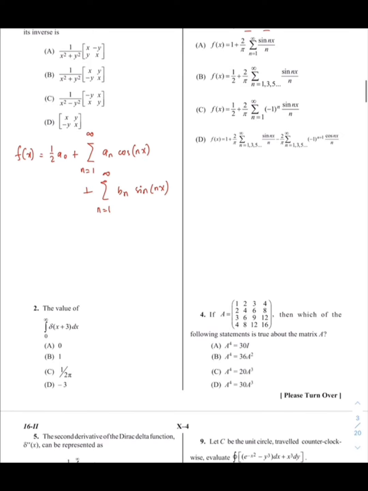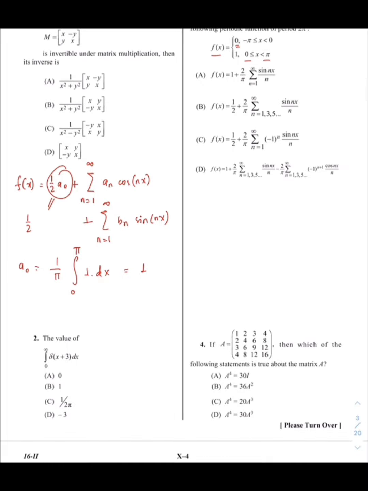So let's find a naught first. A naught is given by 1 by pi integral over 0 to pi. The function is 1 and dx, so it is equal to 1. So the first term would be half.